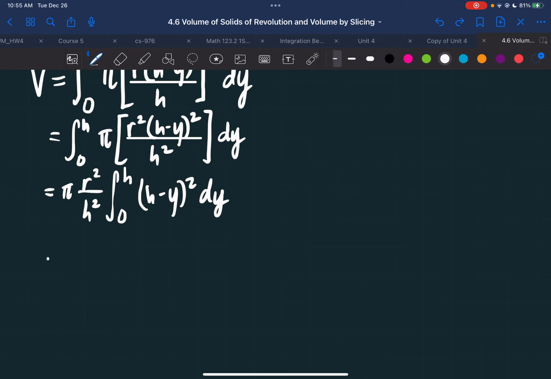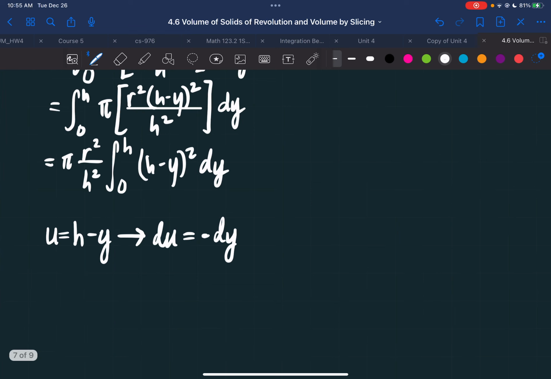So if we let u be equal to h minus y, then we get du to be equal to -1 times dy, or negative dy. But in our integral, what we only have is a dy. So for us to obtain dy, we divide both sides by -1. So we get dy equals negative du.